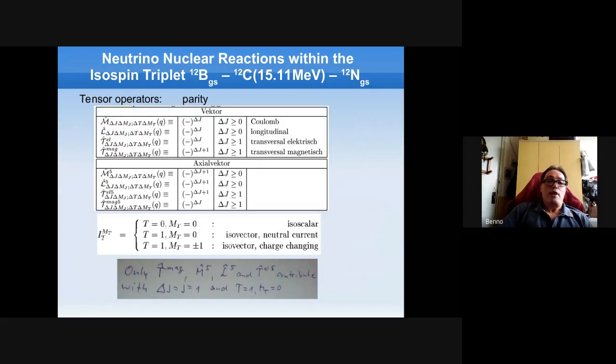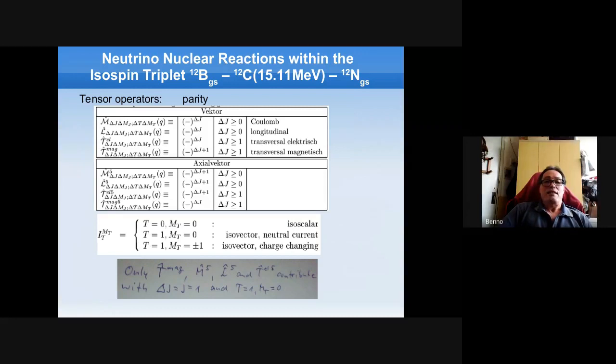So to describe these reactions, we need tensor operators, and due to the theory, which is of vector and axial vector type, we have the Coulomb, the longitudinal, transverse electric, and transversal magnetic operators, and they transform distinctly with parity.